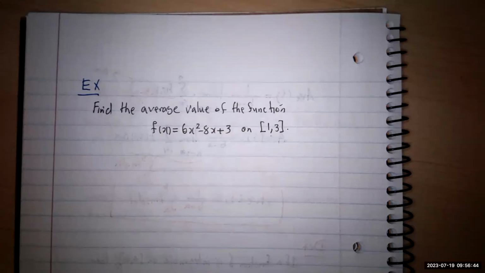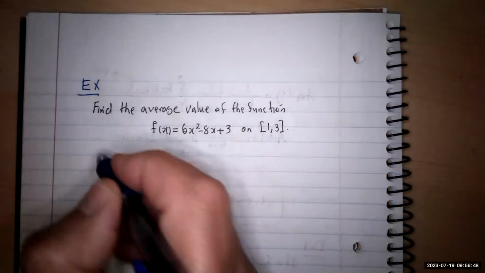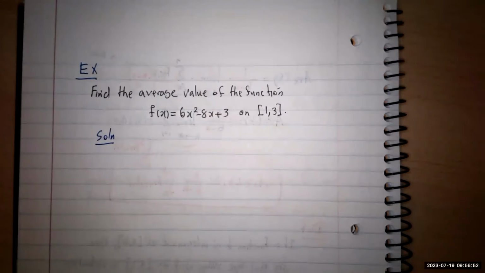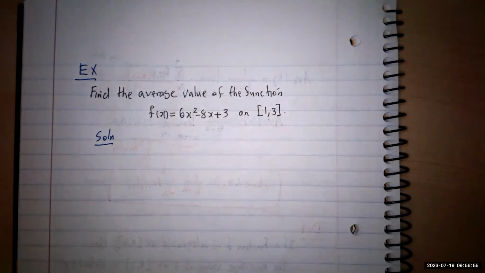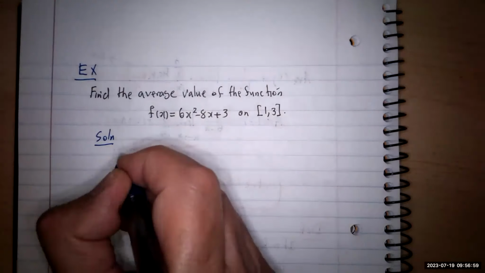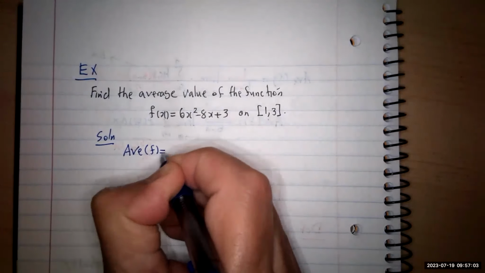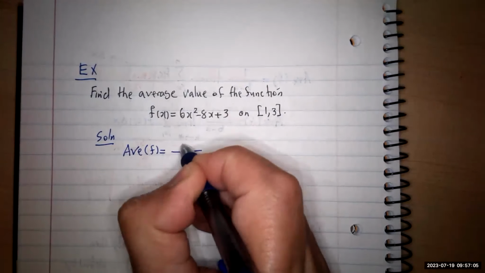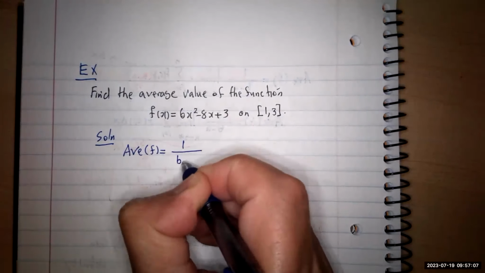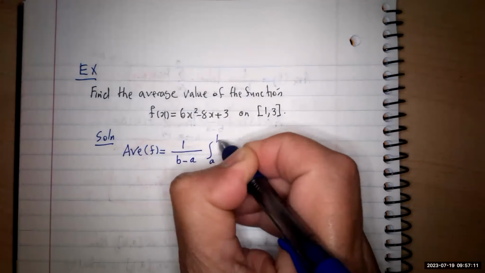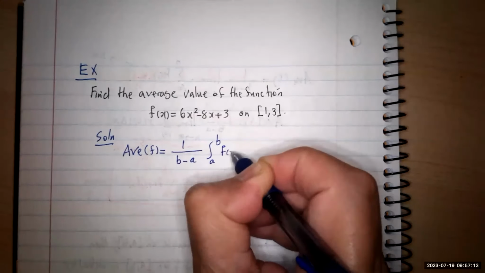Just write the formula, take the integral, and you're done. Most of the problems in your assignments are of this group. Solution. Formula first. Average value of the function is, I repeat the formula, 1 over b minus a, integral from a to b, f of x dx.